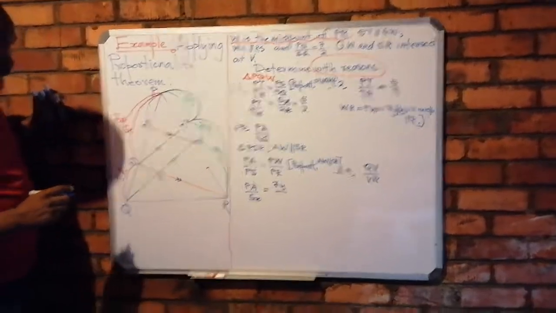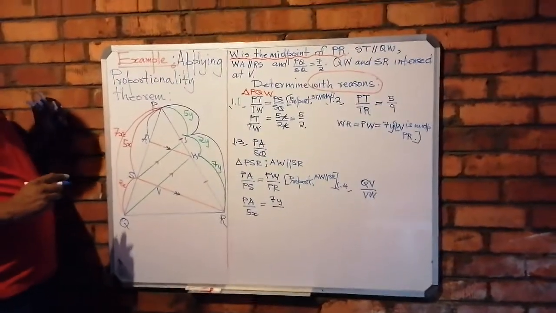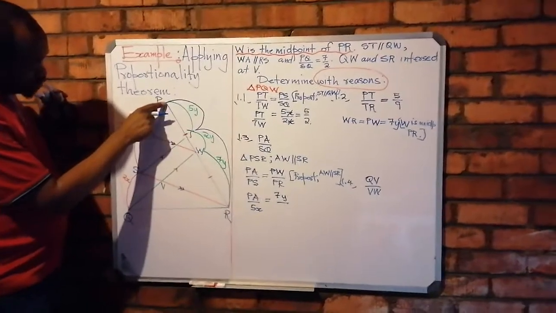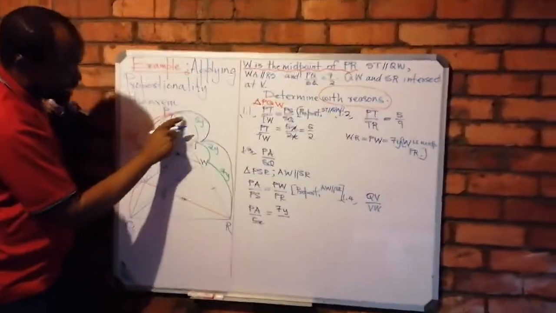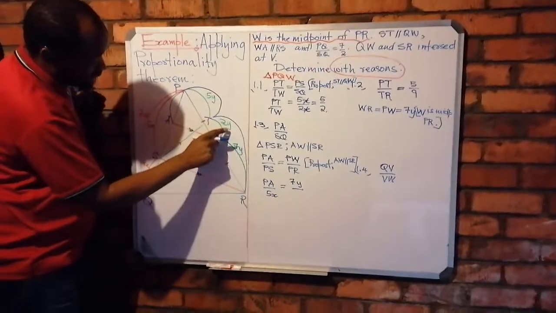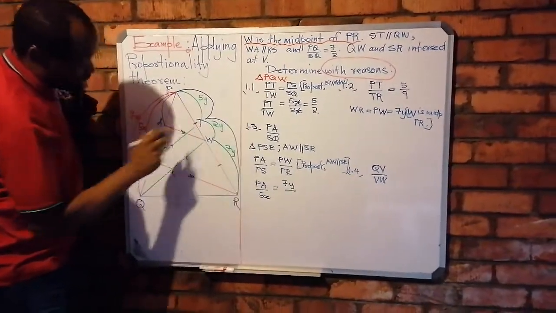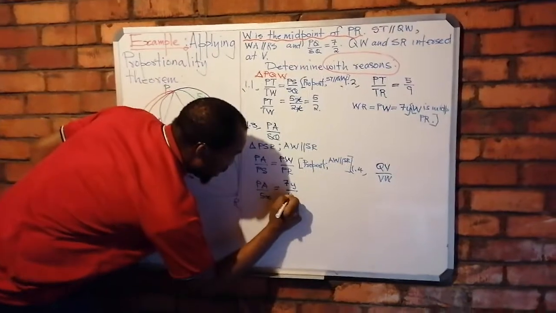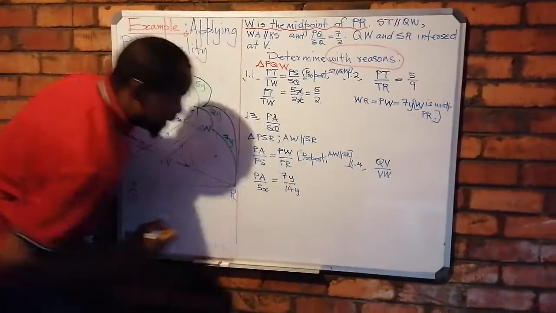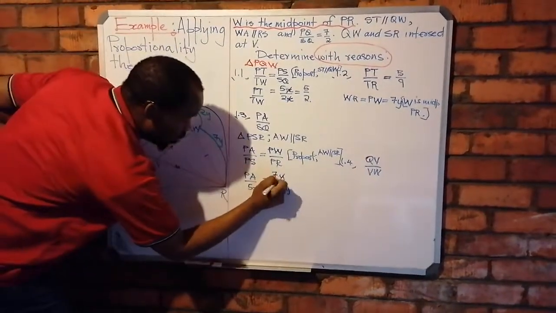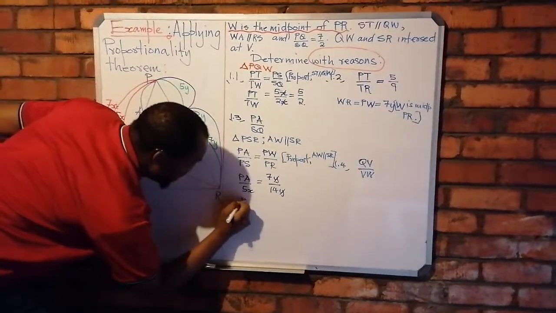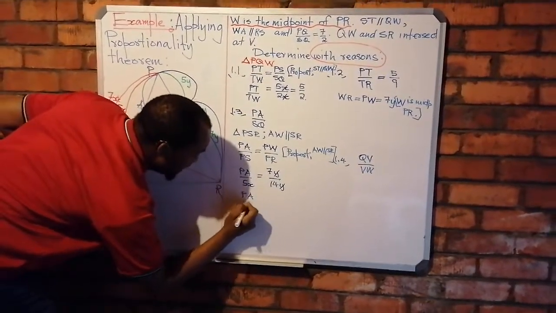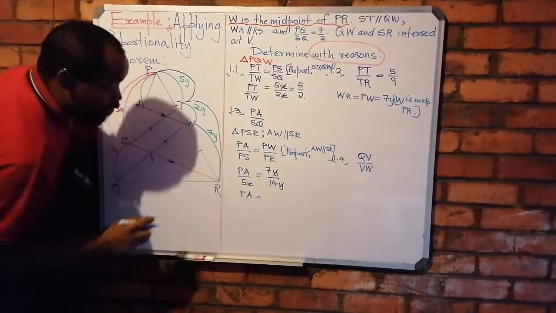Divided by PR. Who is PR now? PR is from there to there. That is 7y plus 7y, which is equal to 14y. Thank you very much. Y cancels y. And PA is going to be equal to now.